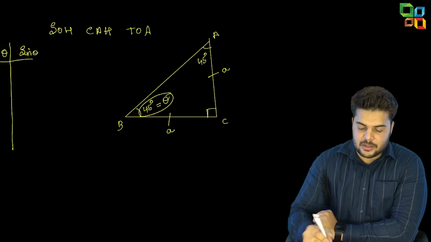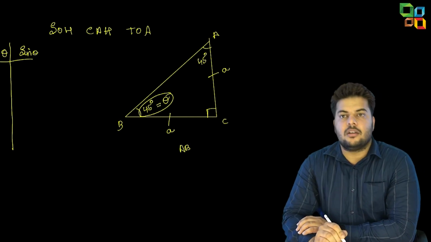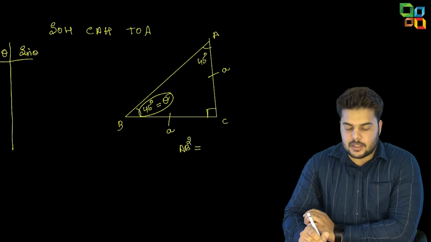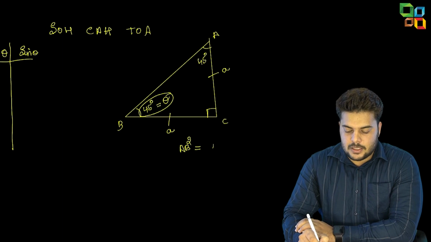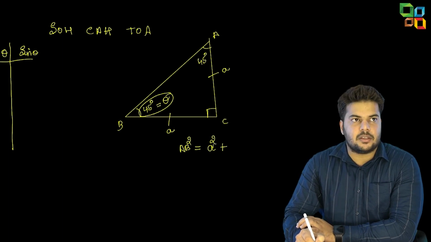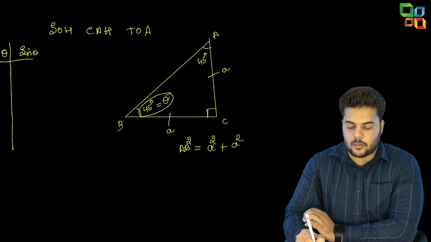So let's use the Pythagoras theorem. We want the length of the hypotenuse. The Pythagoras theorem says that AB square is equal to the sum of the squares of the other two sides, which is A square plus A square.